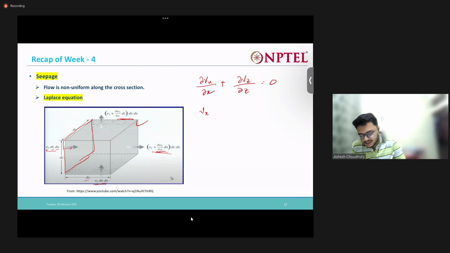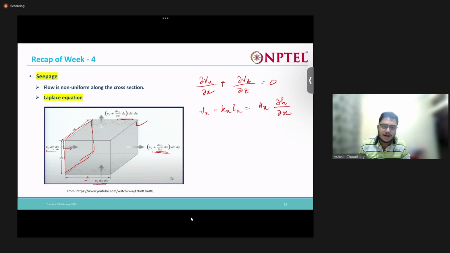Now from Darcy's law, we can write V equal to K into I. Vx will be Kx into Ix, and what is my Ix? Ix is nothing but dou h by dou x, where dou h is the head loss along the path dou x.